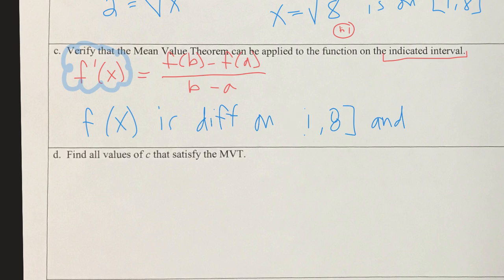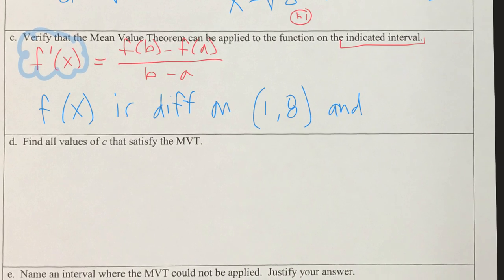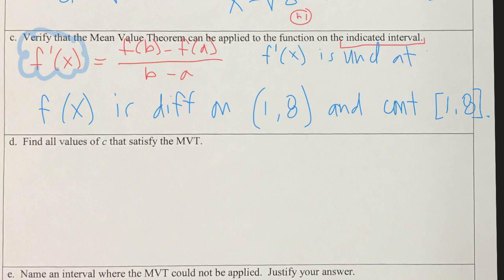That's what I meant to say. Differentiable on the open interval from 1 to 8. And continuous on the closed interval from 1 to 8. Okay, so it's undefined at 0, but it's continuous everywhere else.